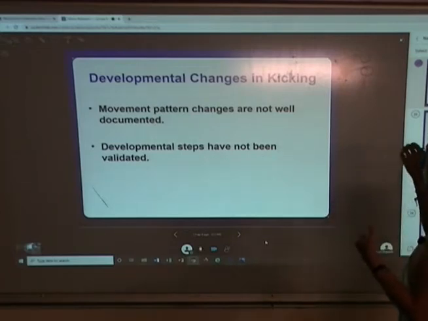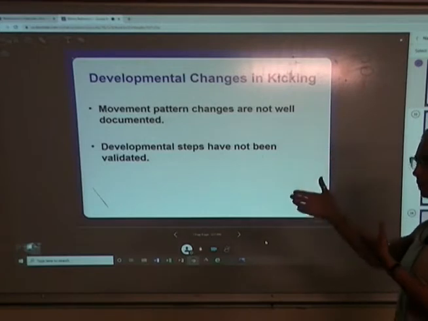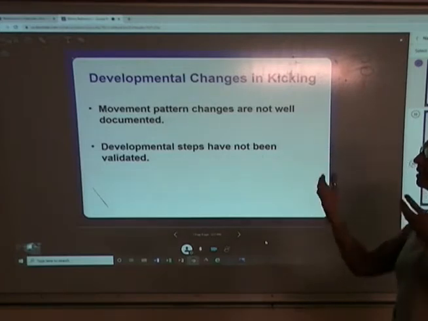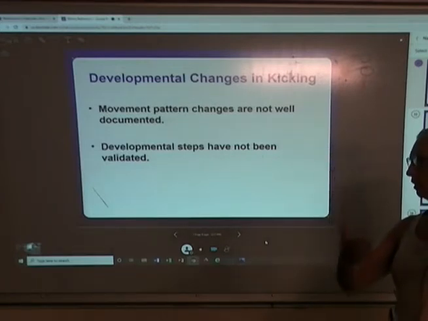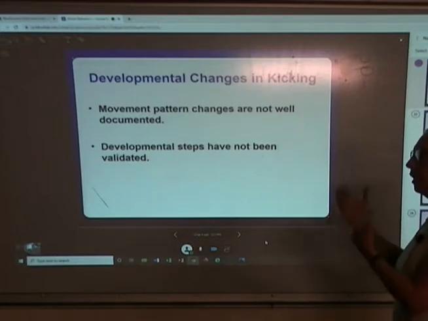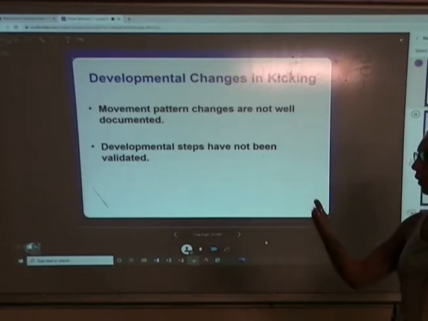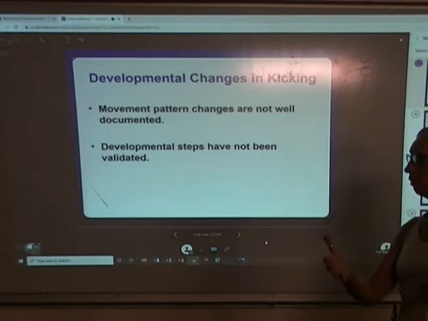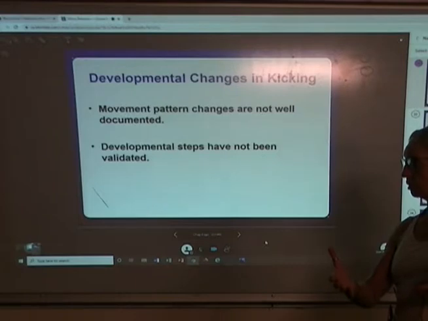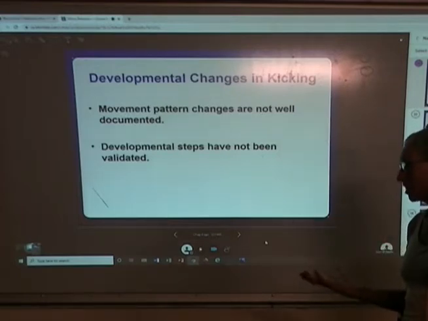If we look at adults or teenagers, unless they've had practice and good instruction, their kicking is not proficient, right? We would probably be able to place them on one of our fundamental stages, which we shouldn't be able to do with teenagers and adults.